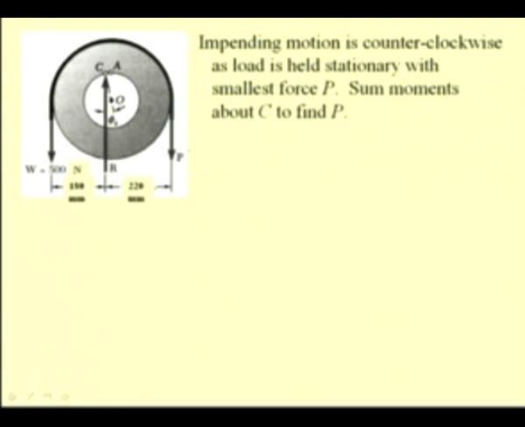For case B, we are interested to find the force P that is required to just hold the weight. So, that means now the impending slippage is that the pulley starts to move in the counterclockwise direction.